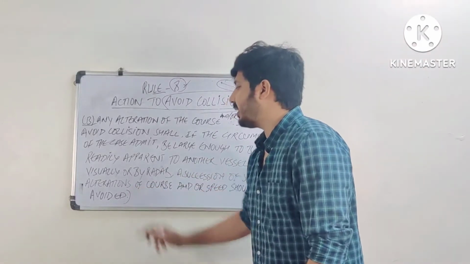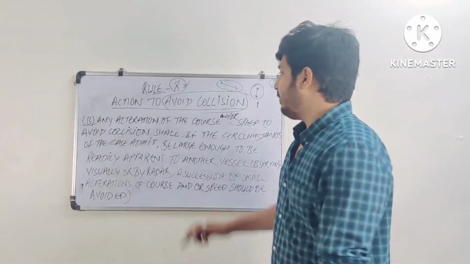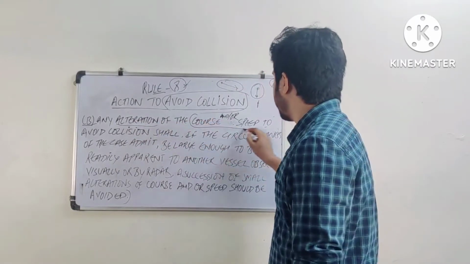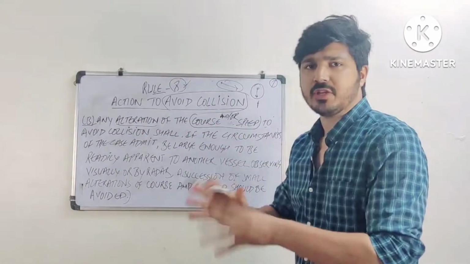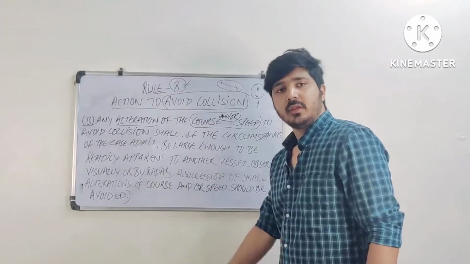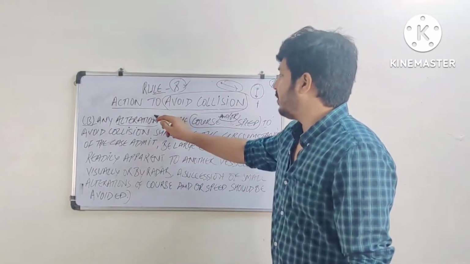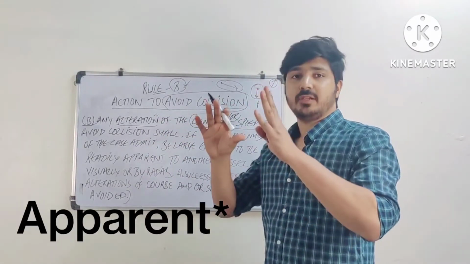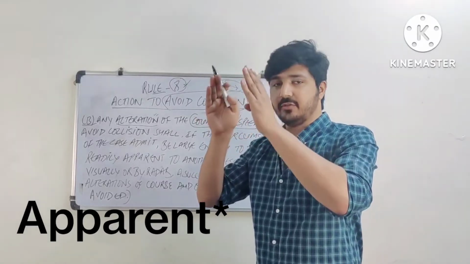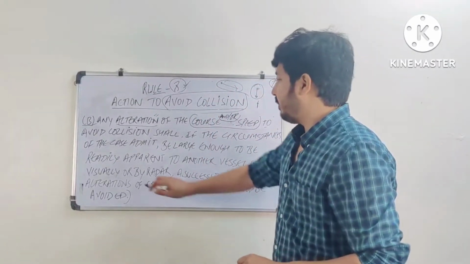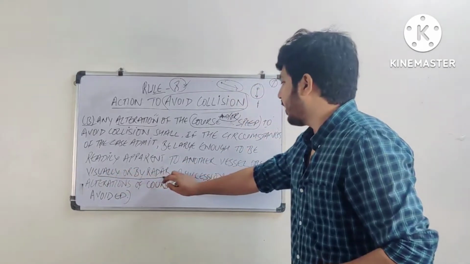So very simply they are saying that if you take any alteration of course or speed, or maybe a combination of both, that is why they have written and or, and you have taken it to avoid the collision, it should be readily apparent to another vessel which is observing you visually or by radar.